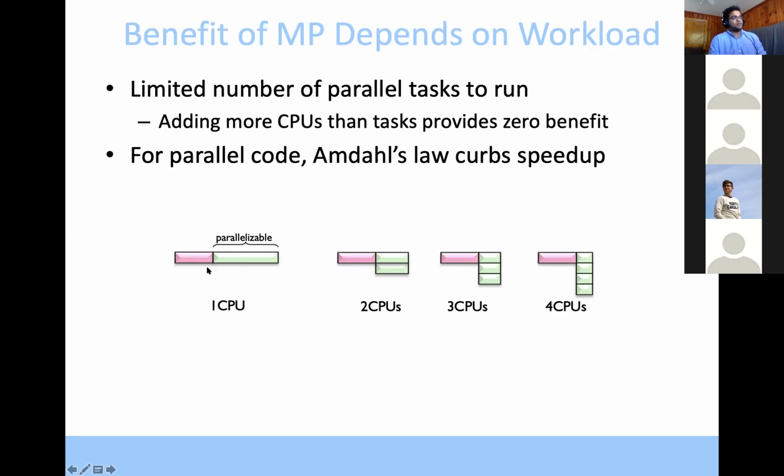So if you had this task where the pink stuff is not parallelizable and the green thing here is parallelizable, throwing more CPUs at it will make the time taken to run the green part much shorter, but do nothing for the first part, the pink part.